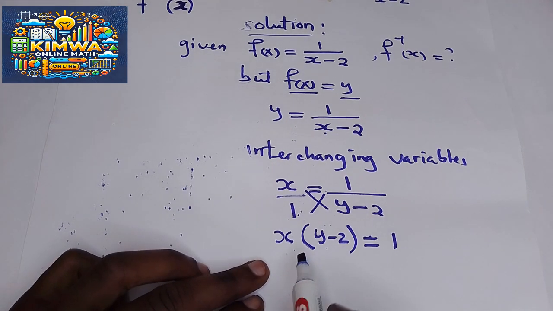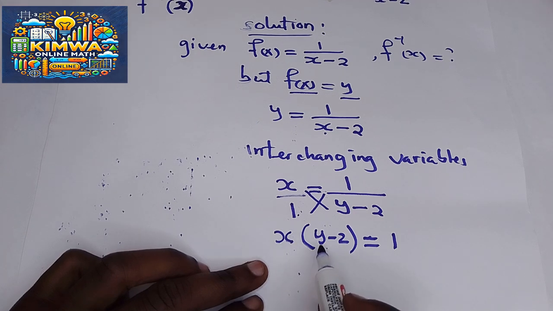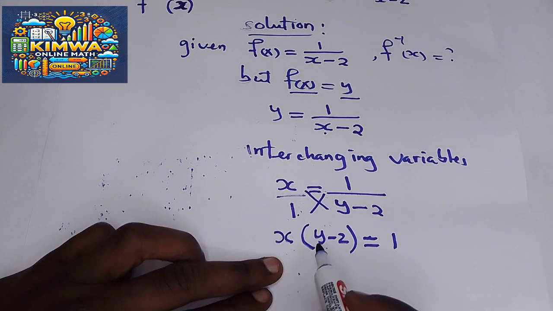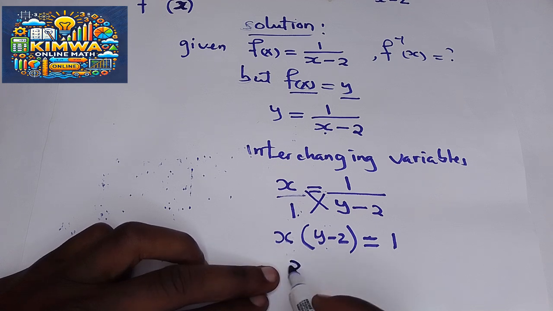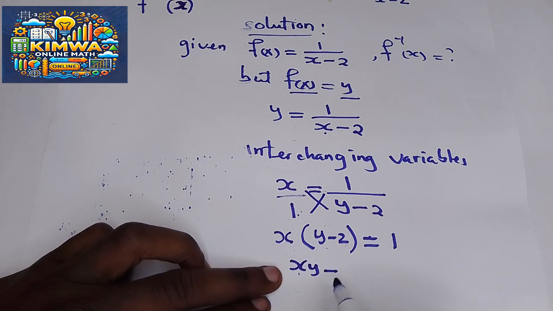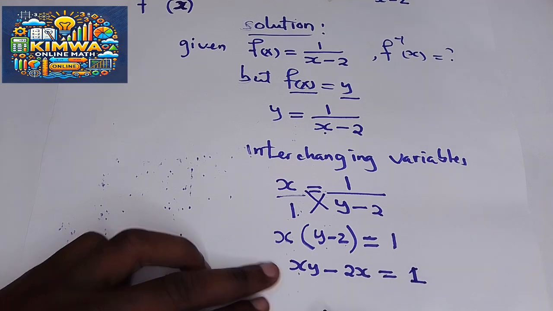We are putting these brackets to imply that this x should multiply each term which appears in the bracket. So y will be multiplied by x, and we get xy, minus 2 multiplied by x, which is 2x, equal to 1.